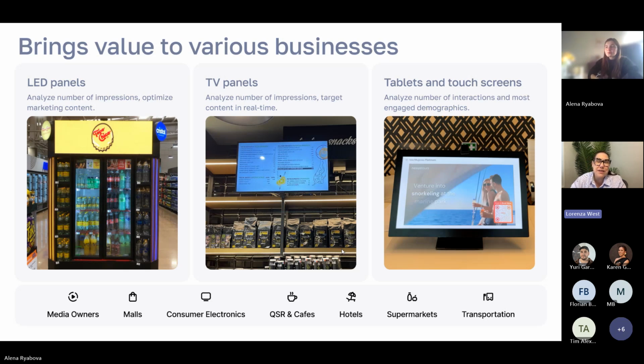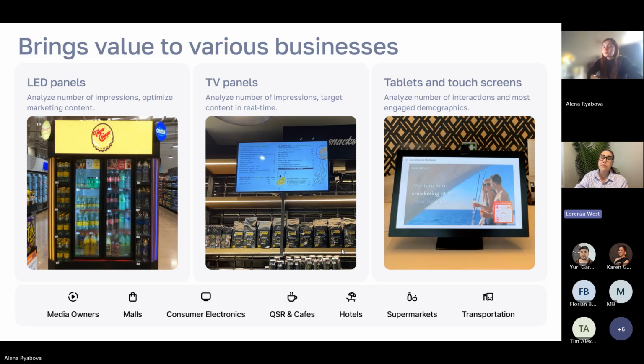It may take 3 to 4 seconds to open up the door and take a soda out. So now we can see the difference in conversion: who's walking by the display, who's taking that time to pull the soda out of the container. And this is really allowing us to understand how this particular end cap, along with this LED panel, is impacting the sales of this product in this store.